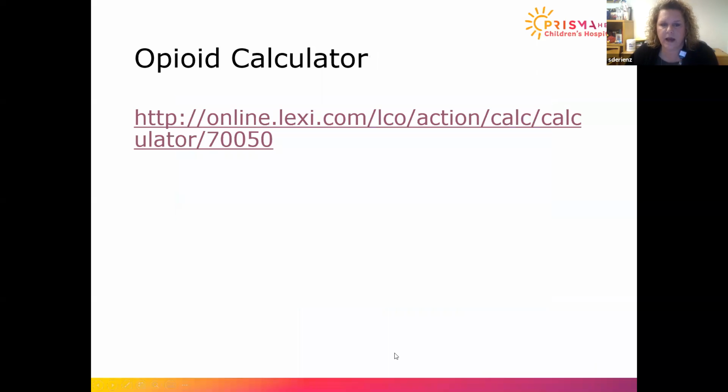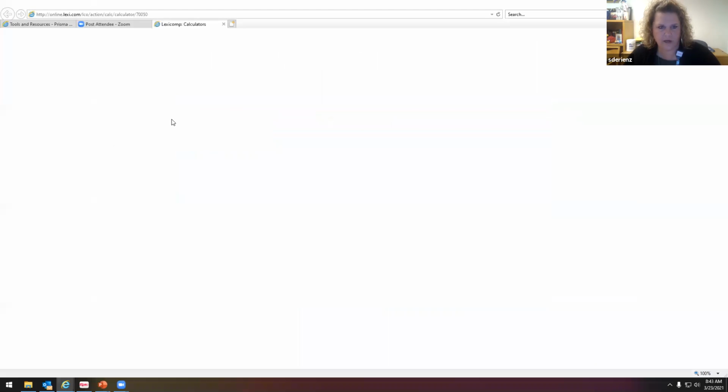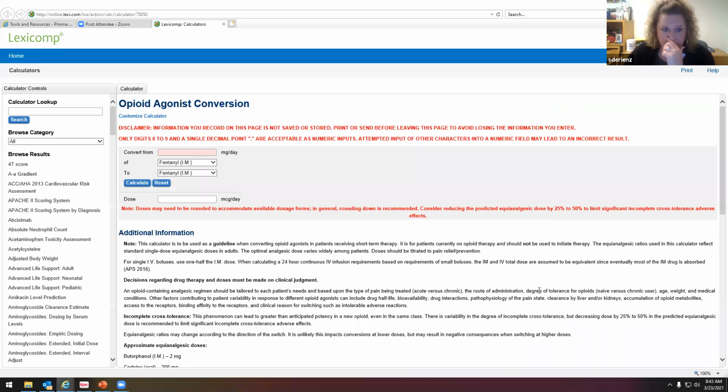And then we also have our handy dandy calculator that's available in Lexicomp. I'm going to attempt to click into this. Let's see if I can make it work. All right. See if you guys can see this. So this is the opioid conversion calculator that's found in Lexicomp.